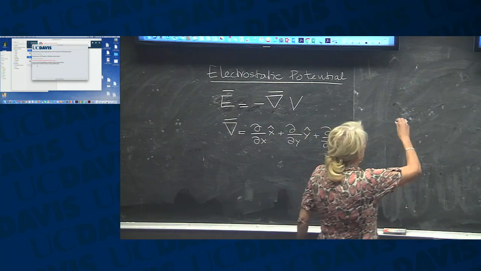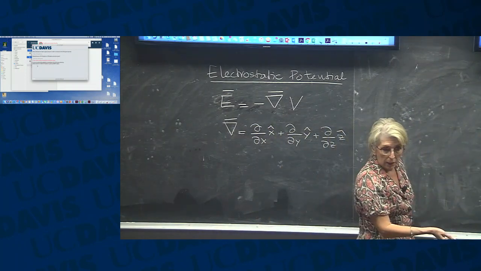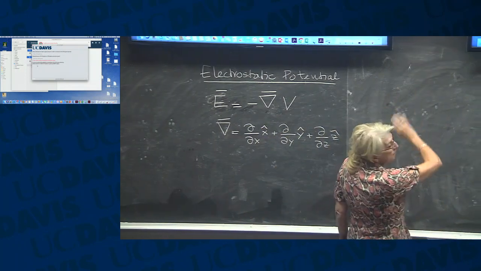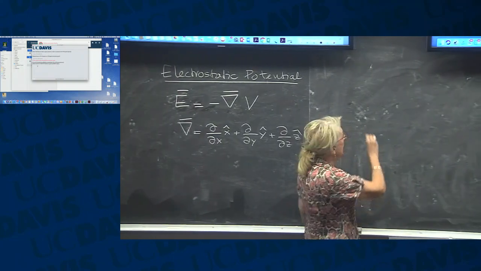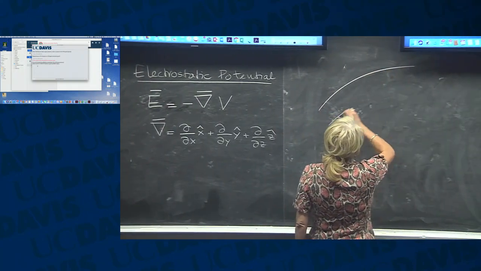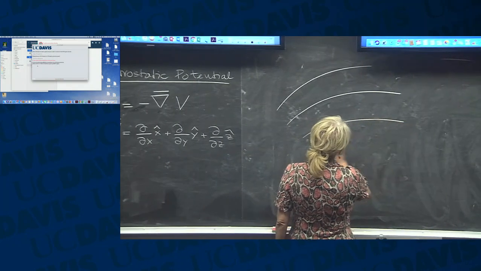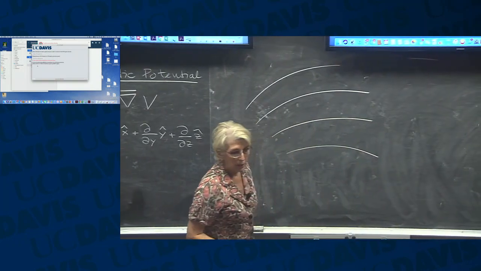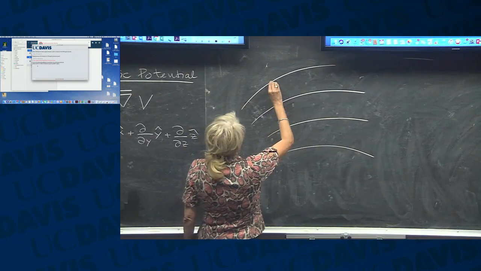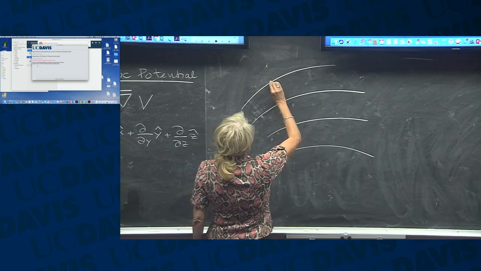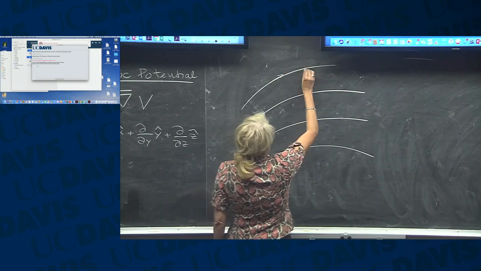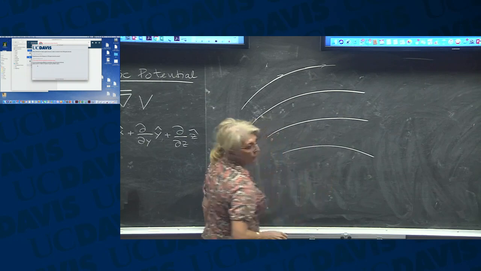If we are in an electric field, let's assume that you have charges somewhere and they have created this electric field that looks like that. These are the electric field lines. If I go here, my electric field is going to look like this. If I go here, it's going to look like this, and so forth.